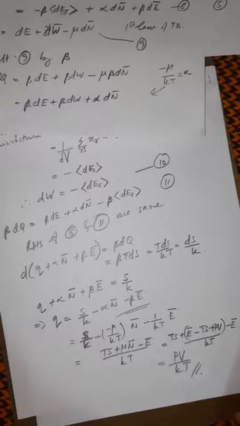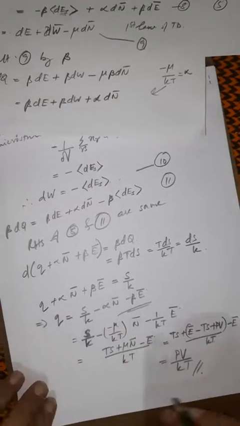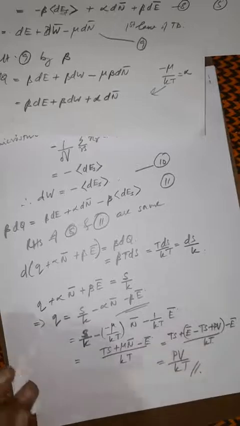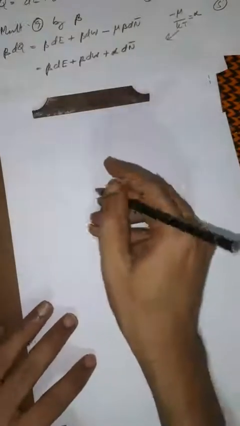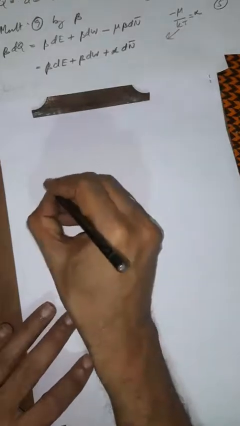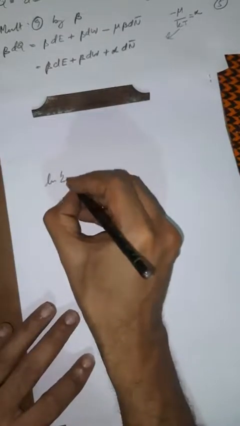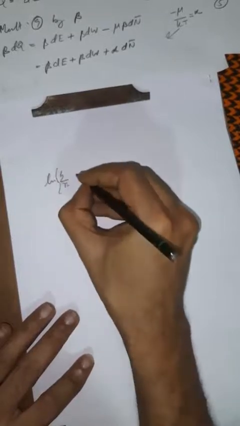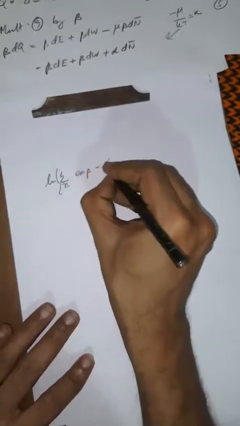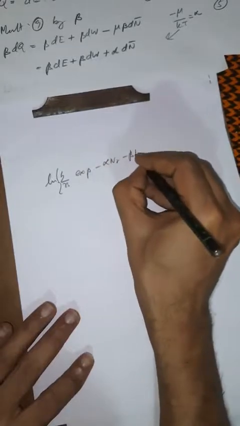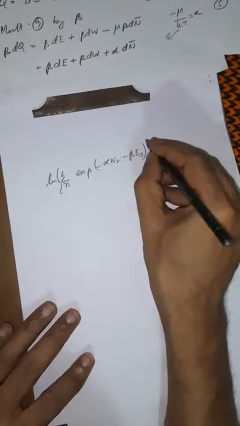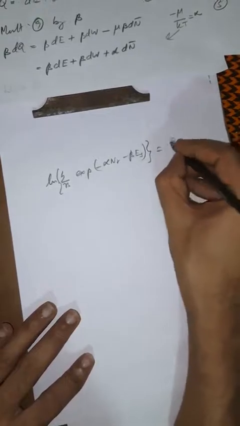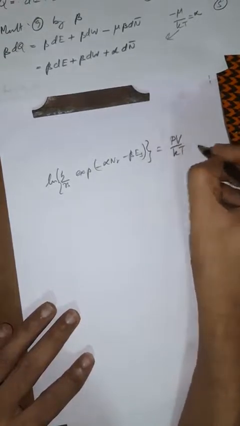Because ln of the summation over rs of exponential minus alpha nr minus beta Es is equal to PV by kT.